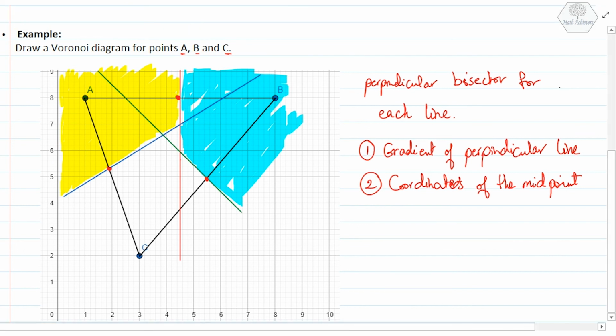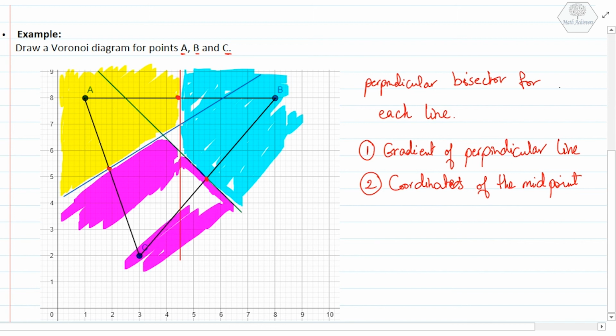So all to the right is closer to C than to A. Also this side. So by this, I created a Voronoi diagram stating clearly the areas which are closer to A, to C, and to B.